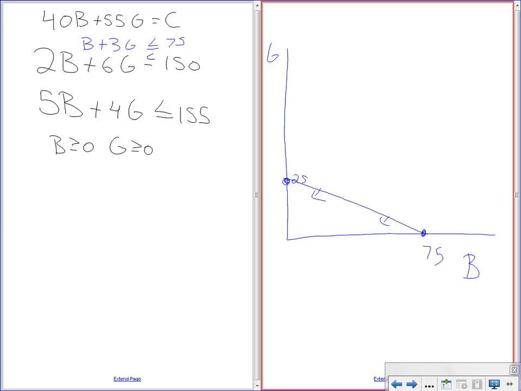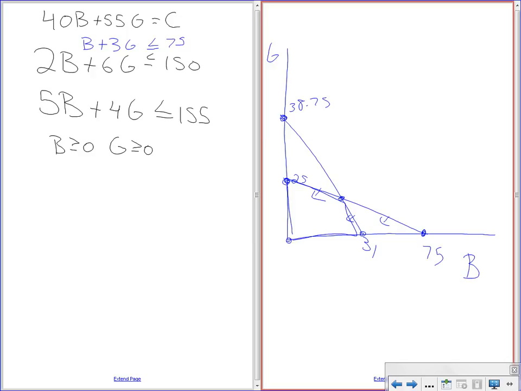Okay? For the second equation, I have intercepts of 31 and 38 and 3/4, and it's also working inward. So I'm at this perimeter, that four-sided figure.